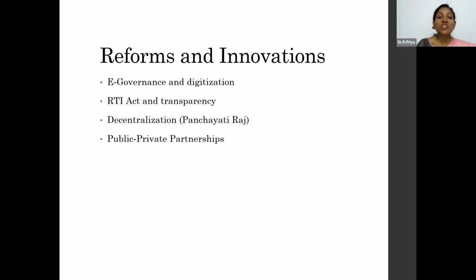Then decentralization and Panchayati Raj, right? That is one of the reforming systems. The power and responsibilities are given to local self governments, that is, panchayats and municipalities. So it automatically encourages local participation in development and improves efficiency and responsiveness. For example, in Maharashtra, one person wants to give help to a village located in Tamil Nadu.